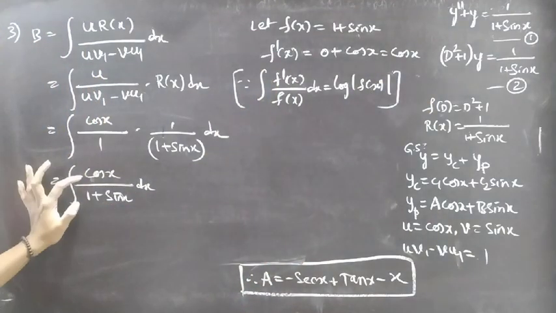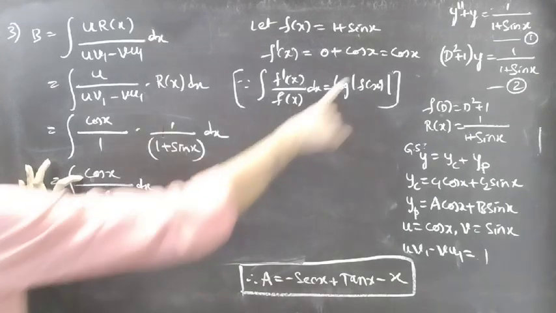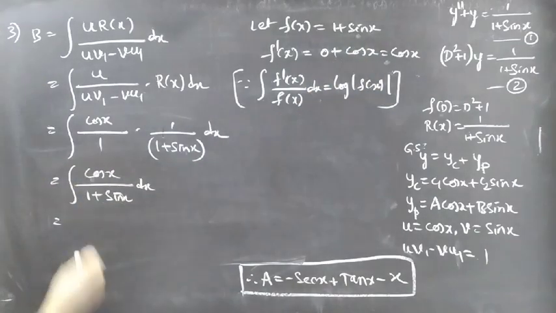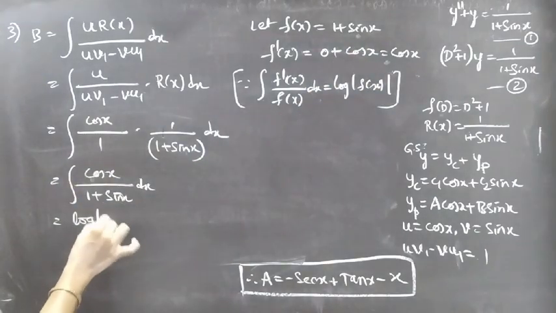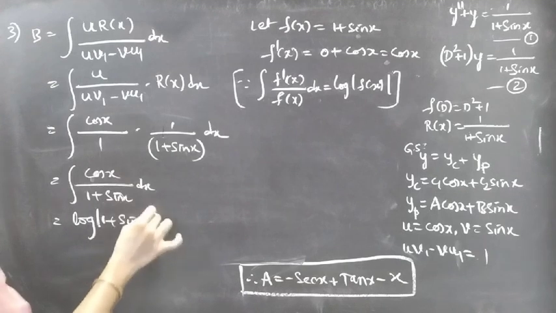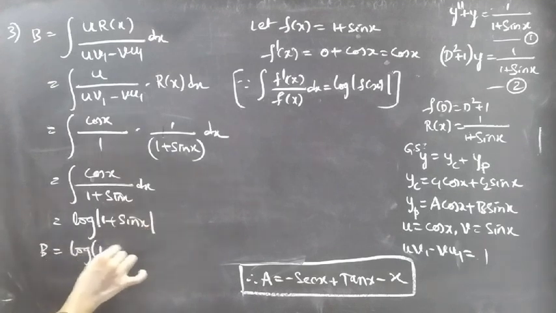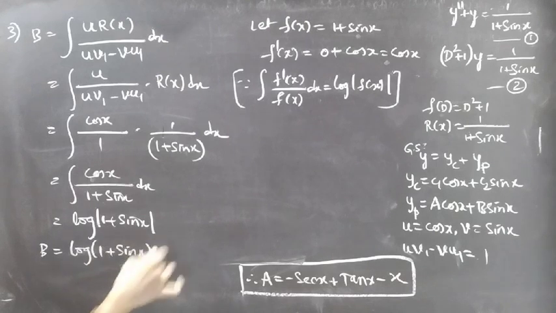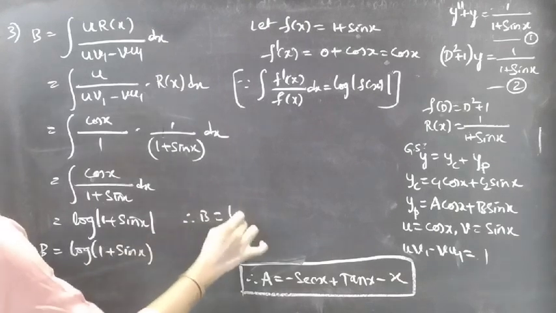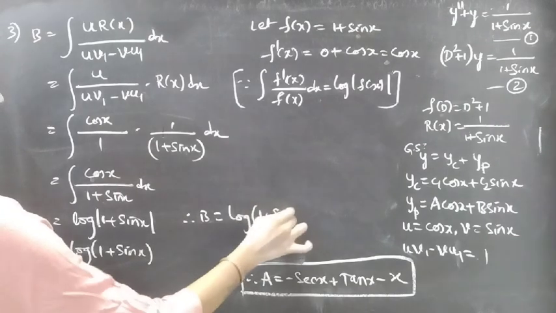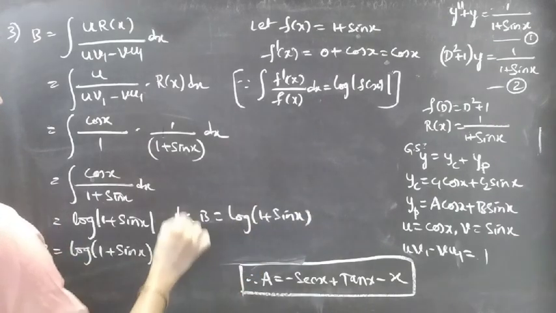So we'll get log mod 1 plus sin x, or log of 1 plus sin x. Therefore B equals log of 1 plus sin x. We got A and B.